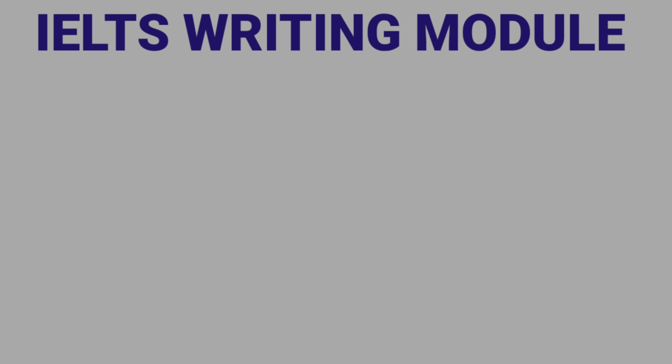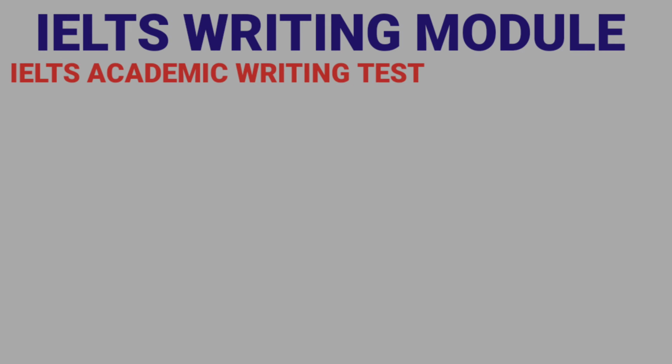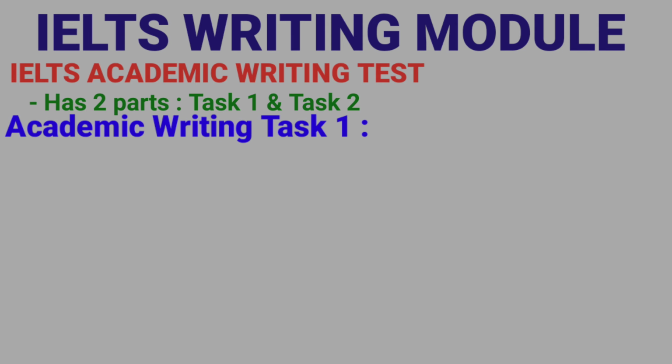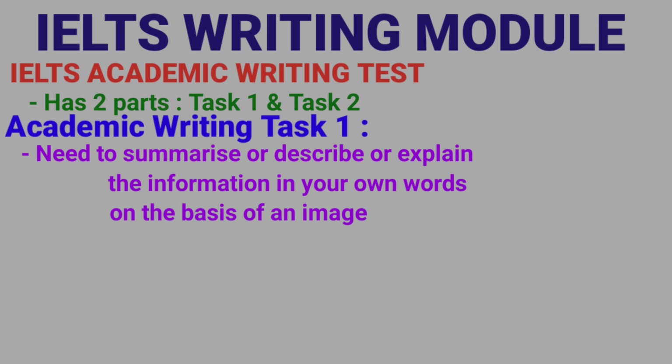The second one is the IELTS academic writing test. It also has two parts, task 1 and task 2. First, academic writing task 1. Here you will need to summarize, describe or explain the information in your own words on the basis of an image.